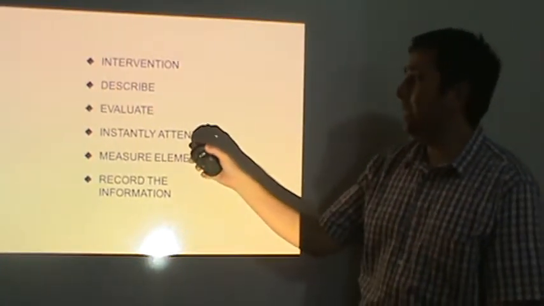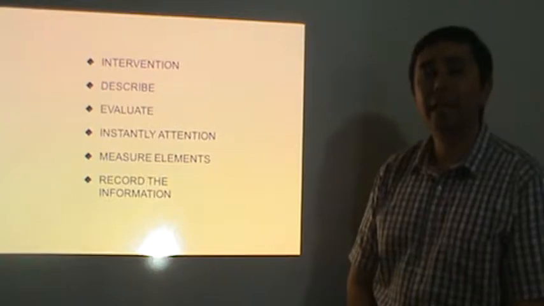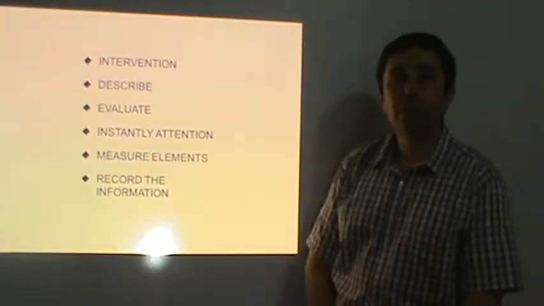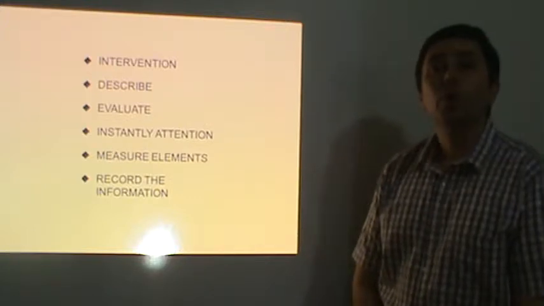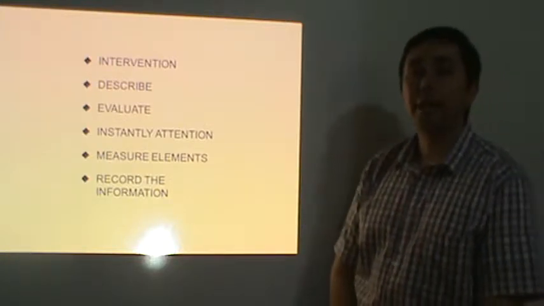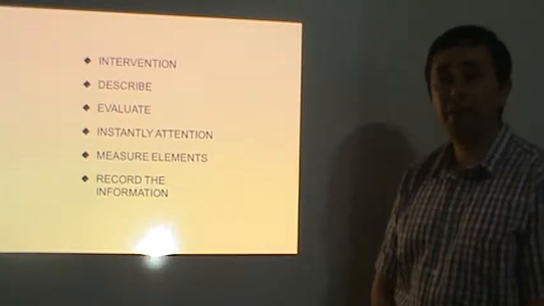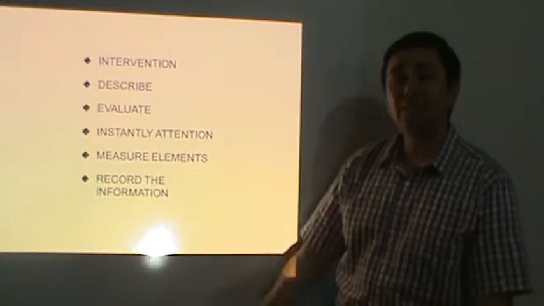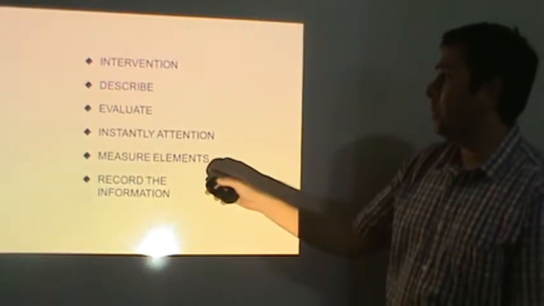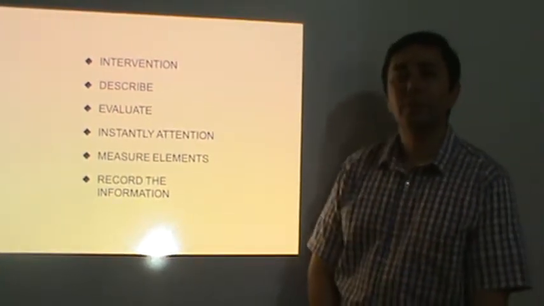The next recommendation is instant attention. For example, when behavior seriously interferes with a student's learning, the teacher and parent have to pay instant attention to the student. The next recommendation is measure the elements.